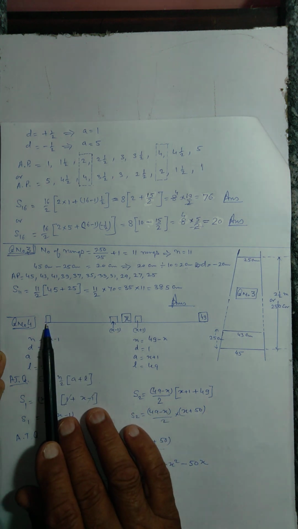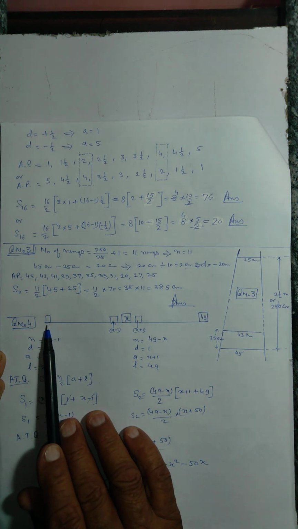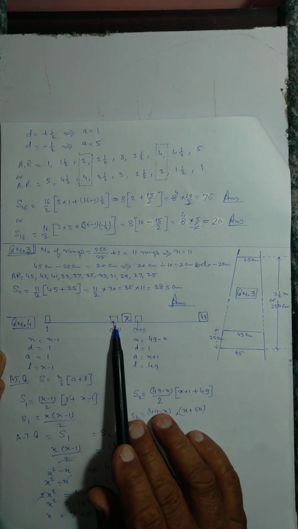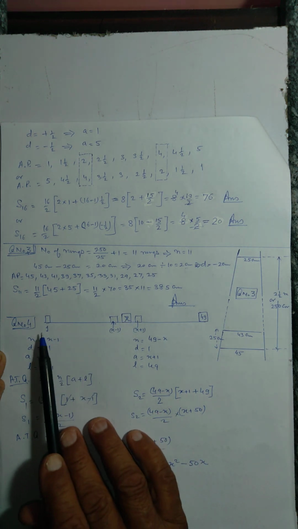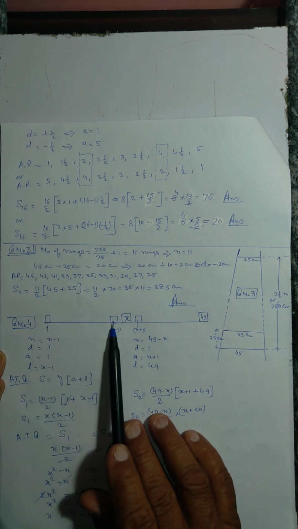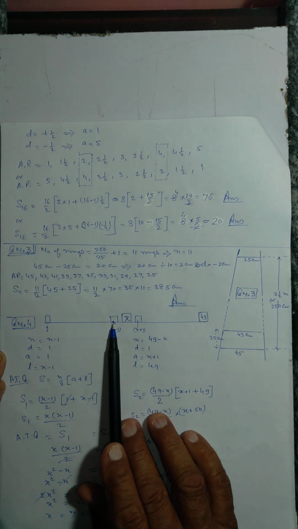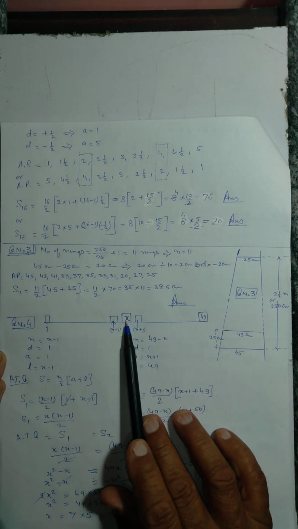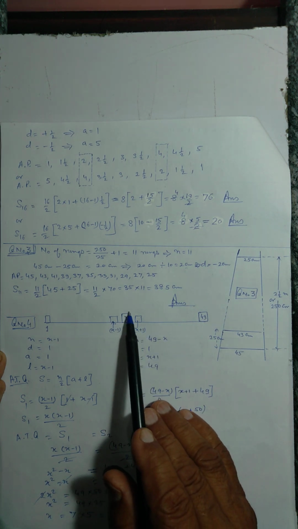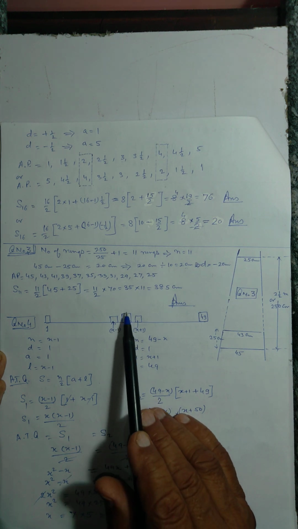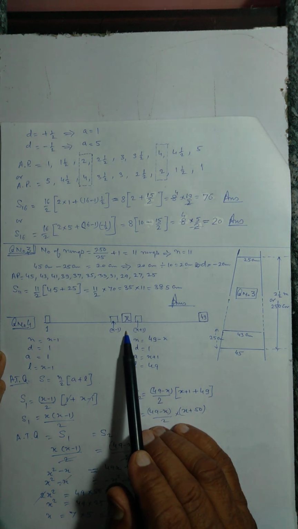The sum of the numbers from 1 to just preceding, that is x minus 1, so from 1 to x minus 1, the summation of these numbers should be equal to the summation of x plus 1 to 49. We have to not include this x. x is the demarcation line, you can say the separating line.